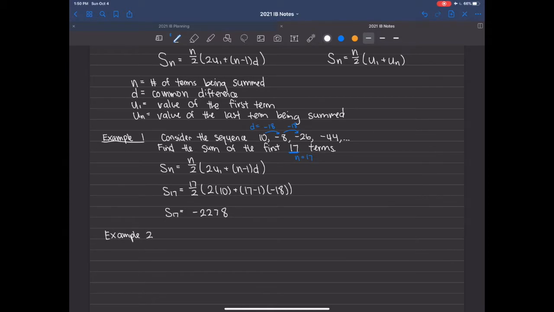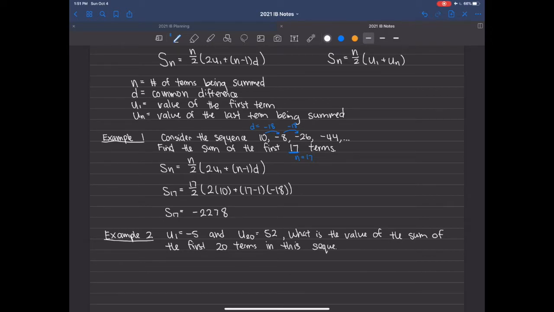So example 2: if we know that u sub 1 is equal to negative 5 and u sub 20, the 20th term, is 52, what is the value of the sum of the first 20 terms in this sequence?